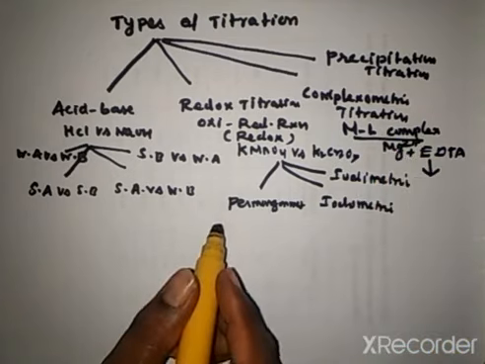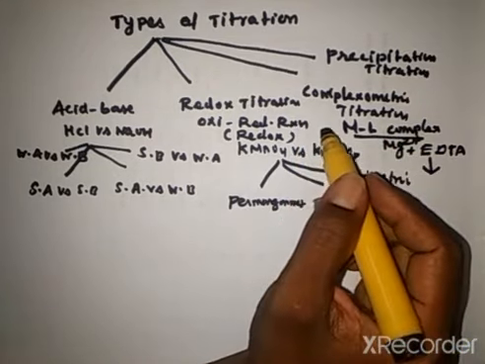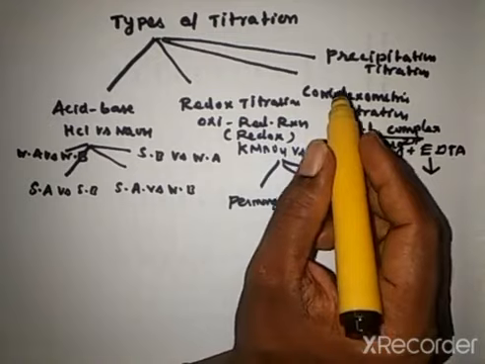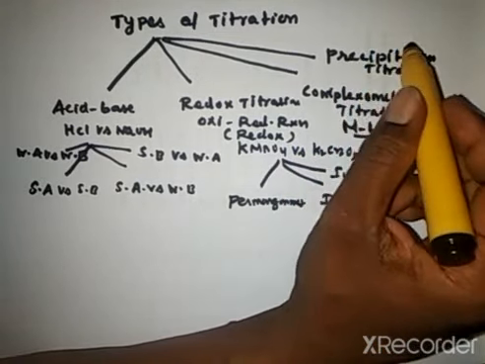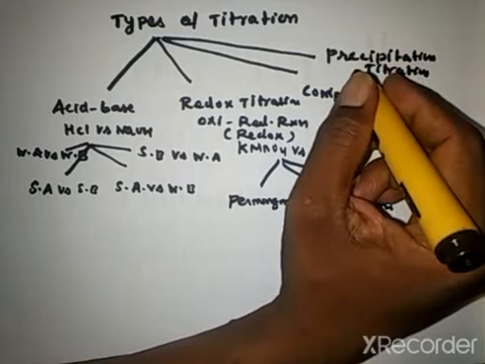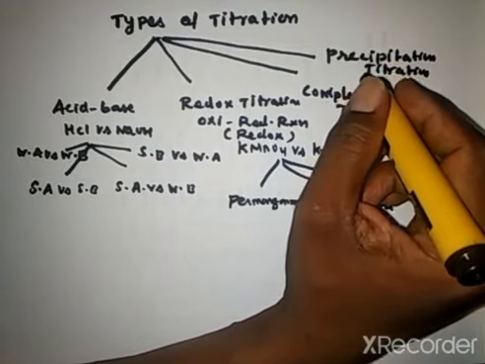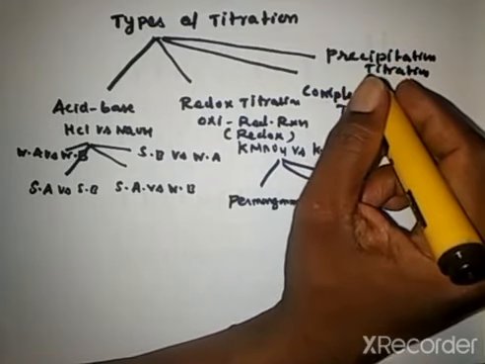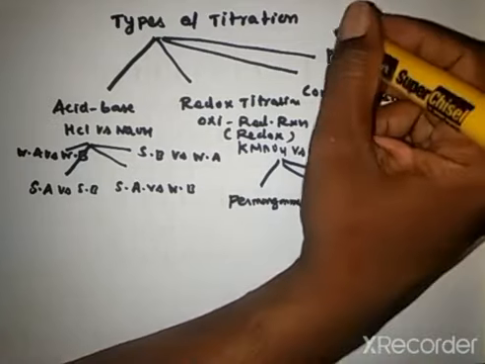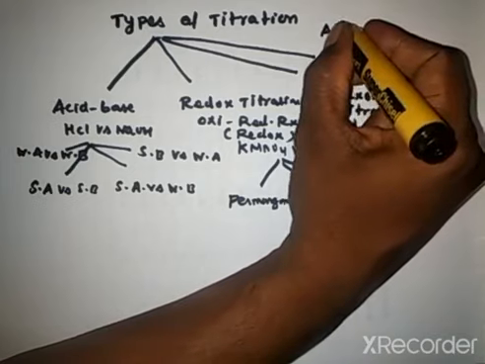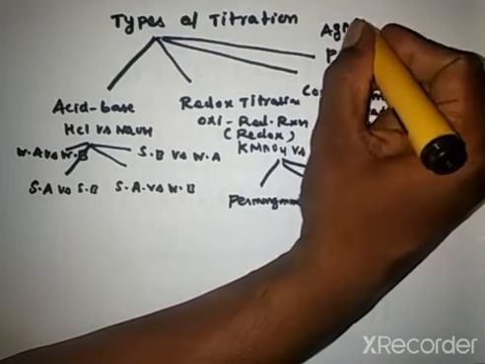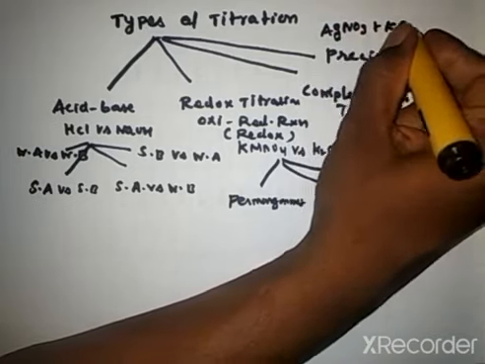Next one, we have the precipitation titration. What is precipitation titration? In this titration, the analyte and titrant react to form a precipitate. For example, the titration between AgNO3 and KCl.